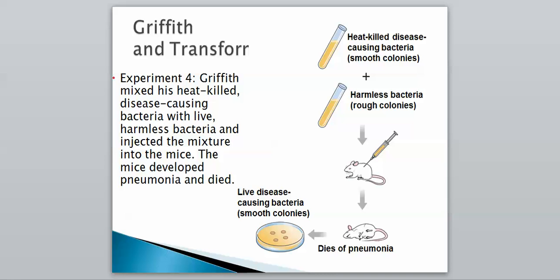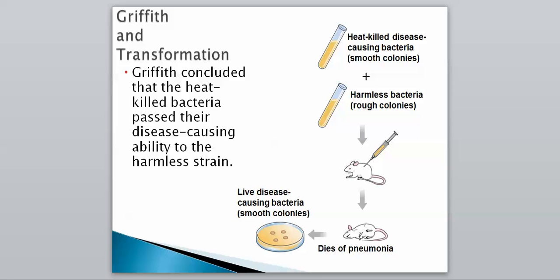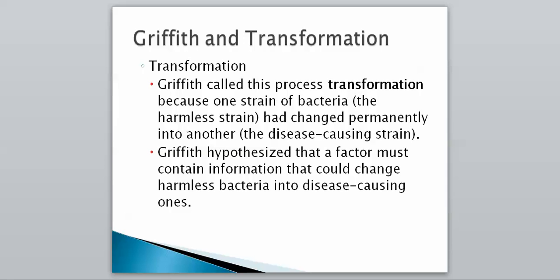His conclusion was that the heat-killed bacteria passed their disease-causing ability to the harmless strain. Even though they had been heat-killed, their ability to cause disease was still there in some way, shape, or form, and so they passed it on to our harmless colonies. This process was called transformation. One strain of bacteria, the harmless strain, had changed permanently into another, the disease-causing strain.